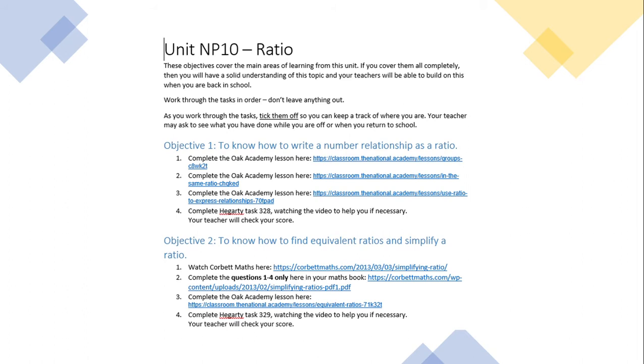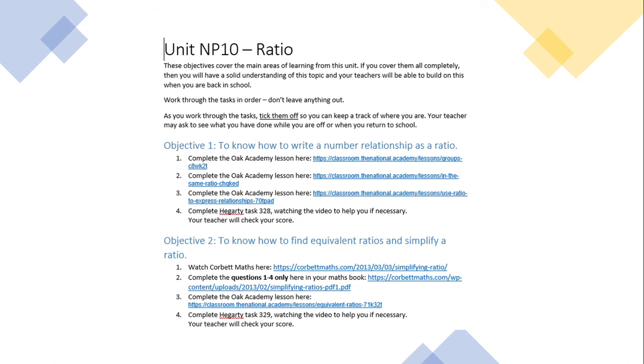If you work through these objectives and tick off all of the activities as you go through, then you will cover everything that you need to know so that when you come back to school, you're completely up to speed. So we need you to make sure you work through the tasks in order, make sure you don't leave anything out, and tick the tasks off as you go through so that if you're working over a series of days, you don't lose track of what you've done already or where you've got to.